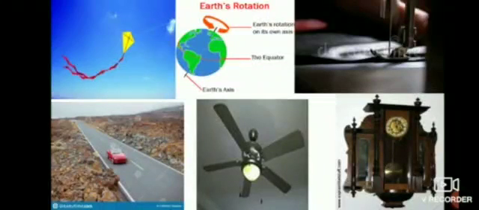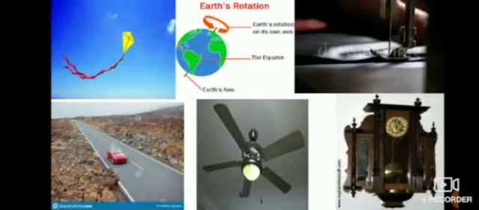The car is moving in the same direction along a straight line, whereas the blades of the ceiling fan rotate about a fixed line in a circular path. The needle of a sewing machine moves up and down about a fixed point. The pendulum of the wall clock oscillates to and fro about a fixed point.